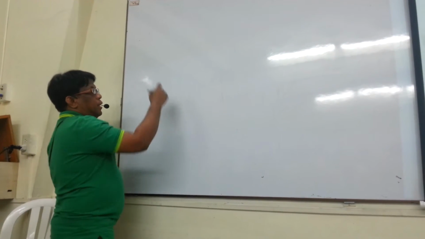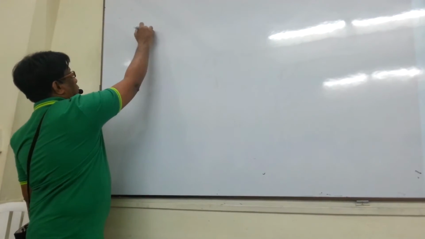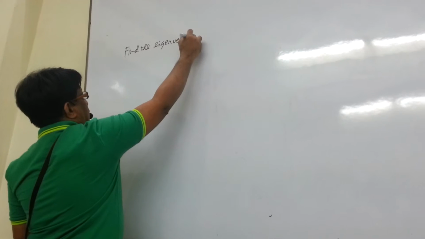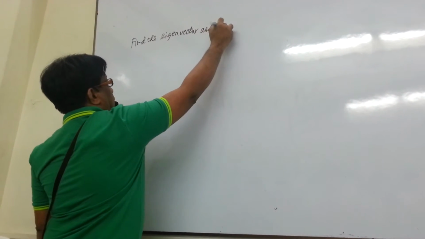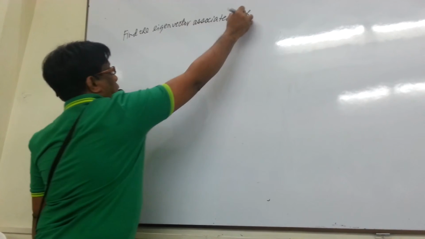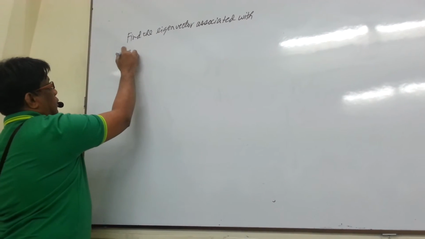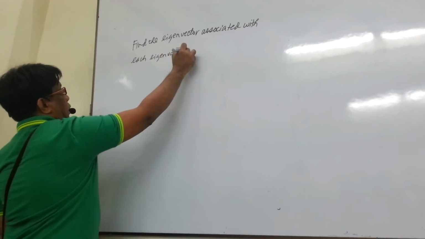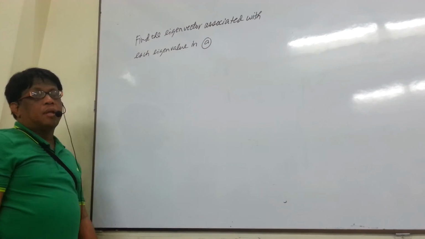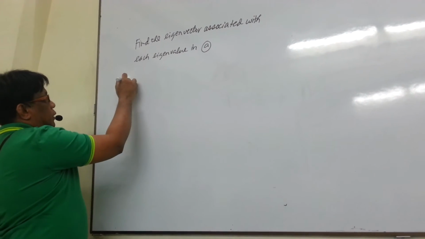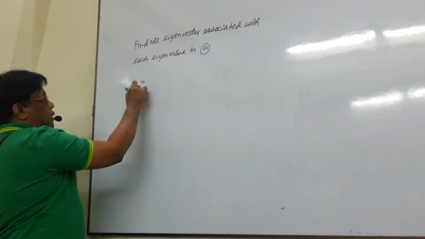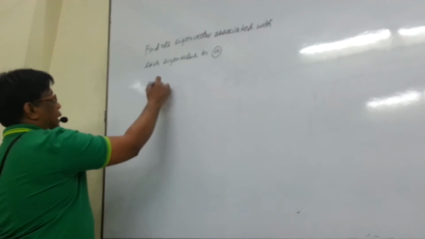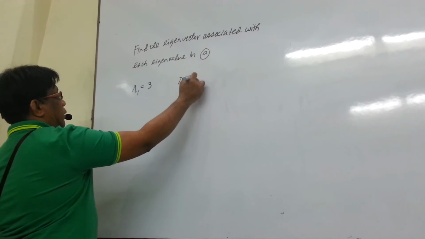So find the eigenvector associated with each eigenvalue in our previous example, which is problem A. The two eigenvalues that we have determined, let us call lambda 1, which is equal to 3, and lambda 2, which is negative 1.